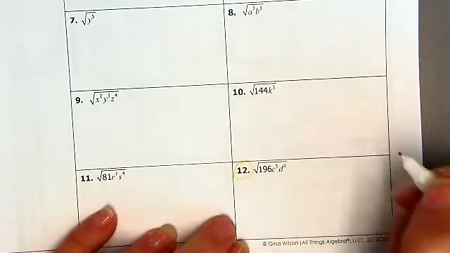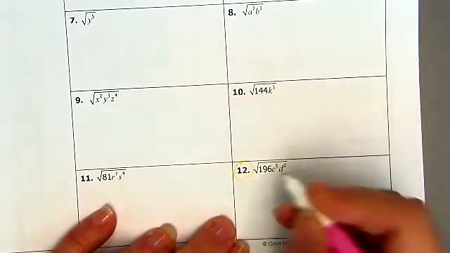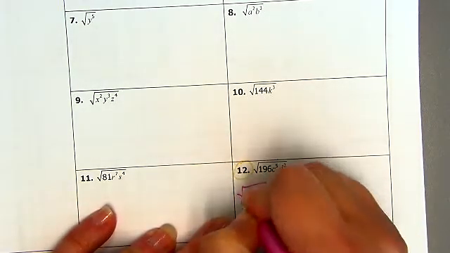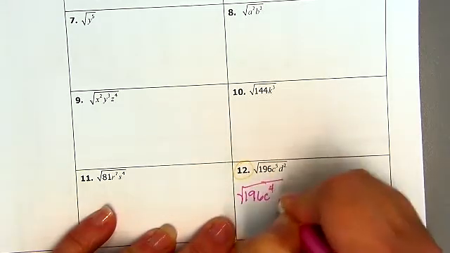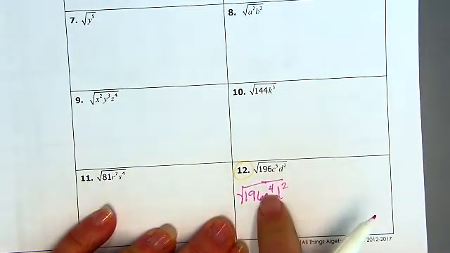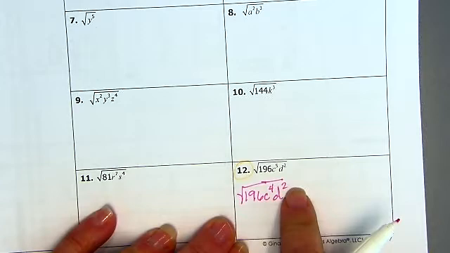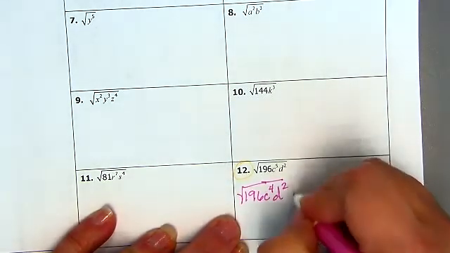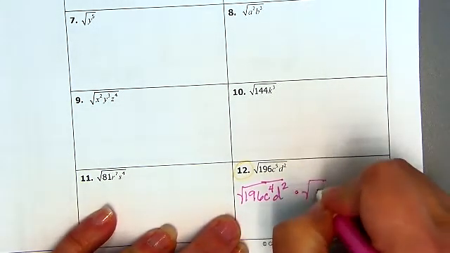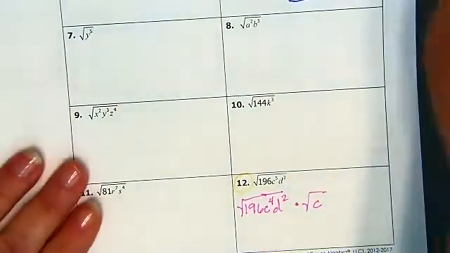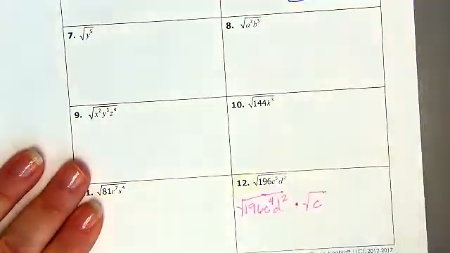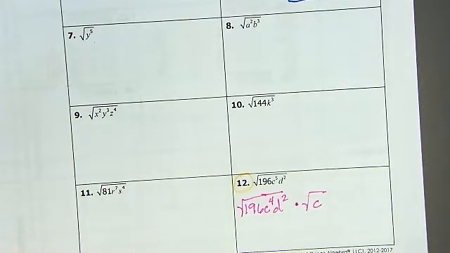For this one, this is where I'm going to break this out, and I'm going to have the square root of 196 c to the 4th d squared. I want it to where everything is a perfect square. This is all divisible by 2. So then I'm going to have the square root of c separate. And now I'll take the square root of what I can.